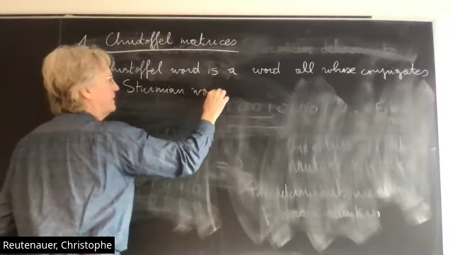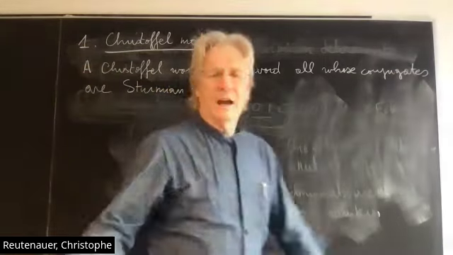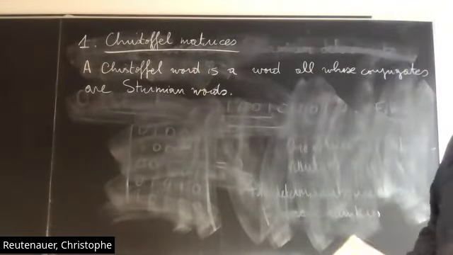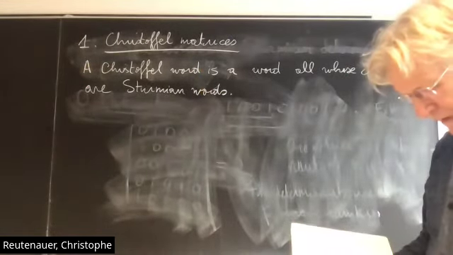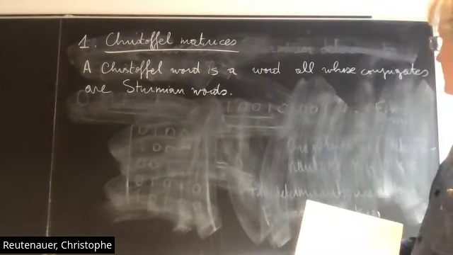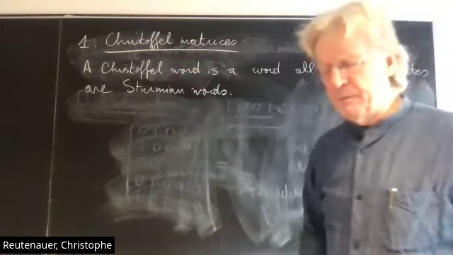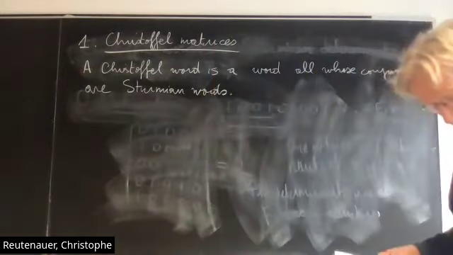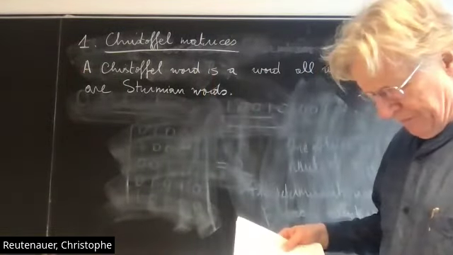It is equivalent to the other definitions of Christoffel words. Christoffel words have many equivalent definitions, but I take this one. No, it's not quite correct. I should say conjugates of Christoffel words have this property.